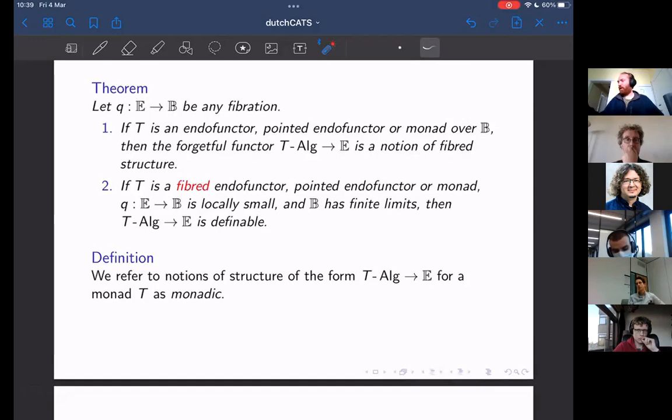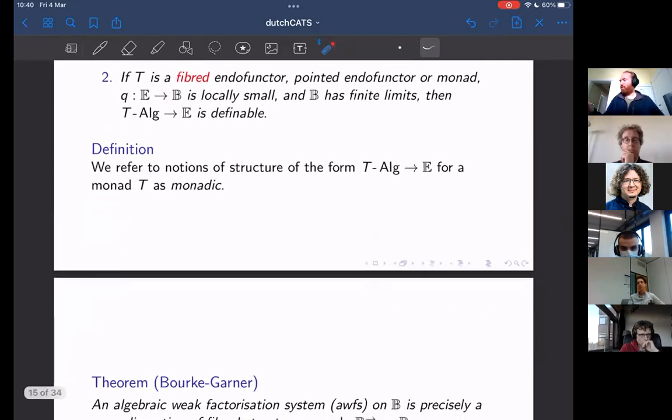So if T is fibered, so if it preserves Cartesian maps, and the fibration is locally small, and B has finite limits, then the algebra structures are definable, because an algebra structure is just a homomorphism, and once we can talk about homomorphisms in the internal language of B, then we can talk about the algebra structures too.